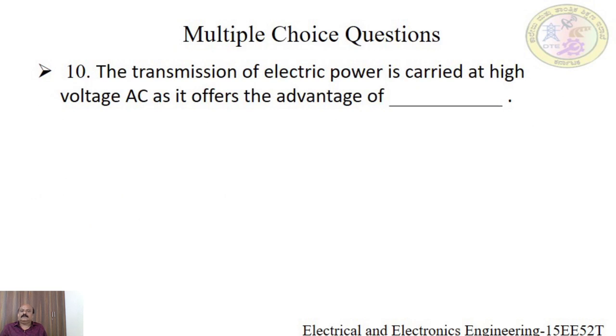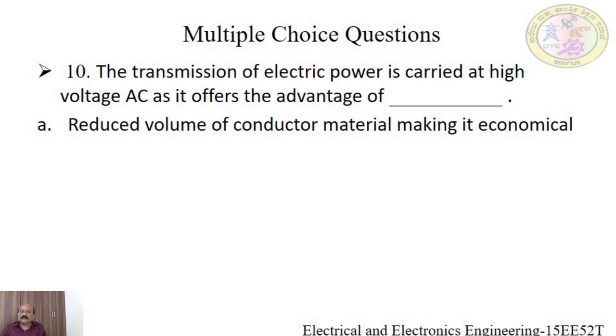Question number 10, the last one. The transmission of electrical power is carried at high voltage AC as it offers the advantage of what? Let us see. Reduce volume of conductor material, making it economical.